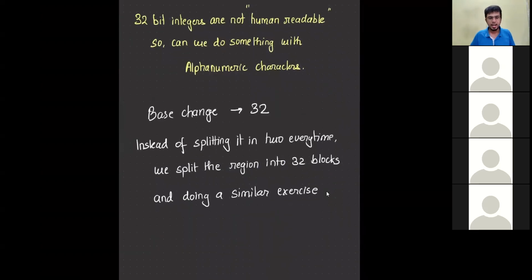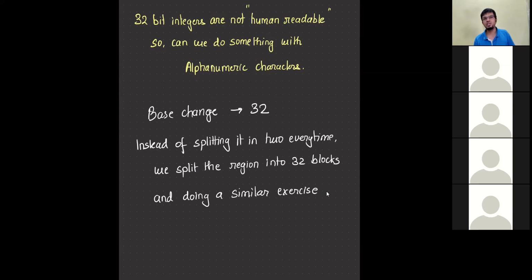Okay. In actuality, the 32-bit integer is not human readable. It's definitely not human readable. How can you even remember a 32-bit string of where this particular point is? Right, so that's where the actual geocode that you'll see in action has alphanumeric characters.